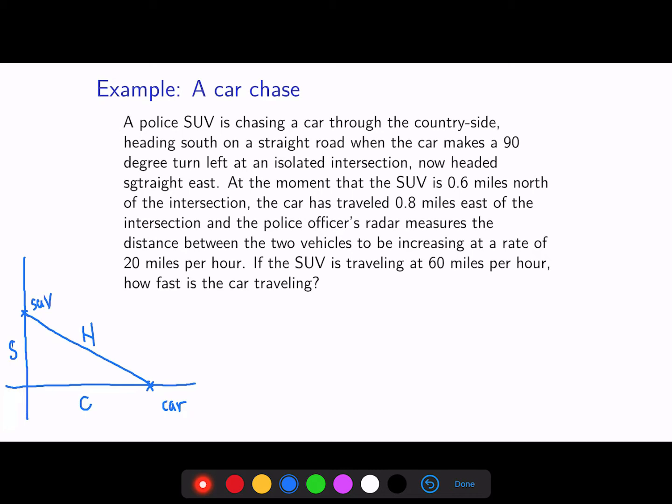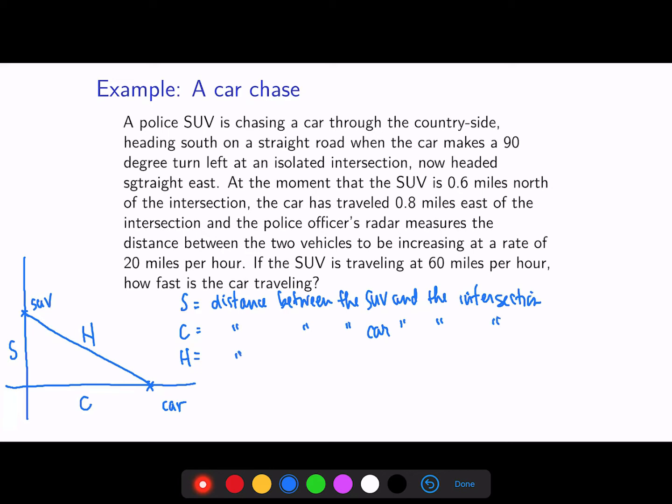So we write S, C, and H as our distances, where S is the distance between the SUV and the intersection, C is the distance between the car and the intersection, and H is the distance between the vehicles.